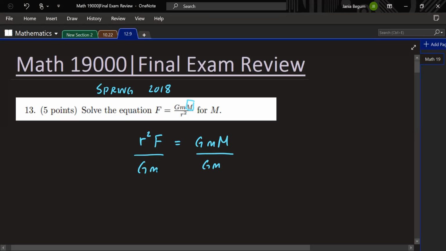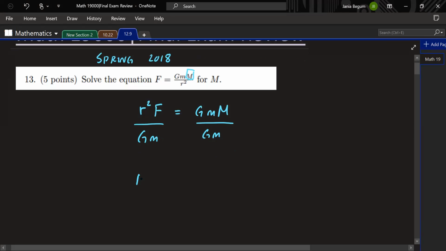So that will give us this expression. So now the variable we're after, M, is equal to r squared times f over big G and little m. So that would be the answer for big M.